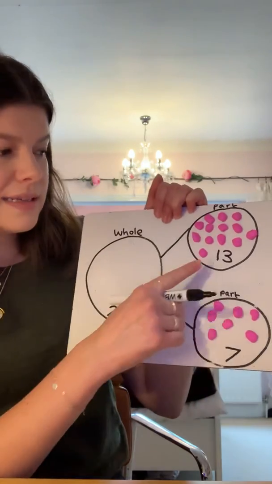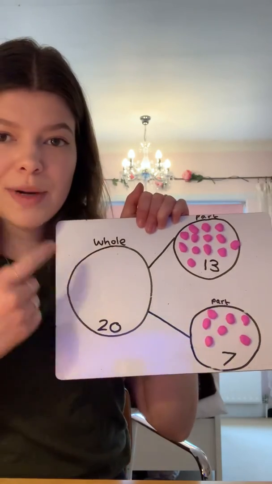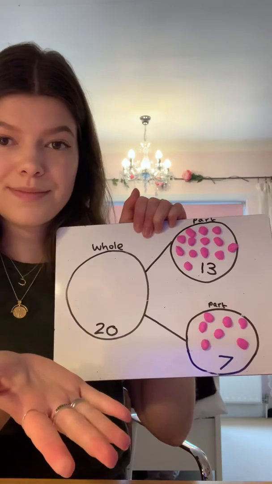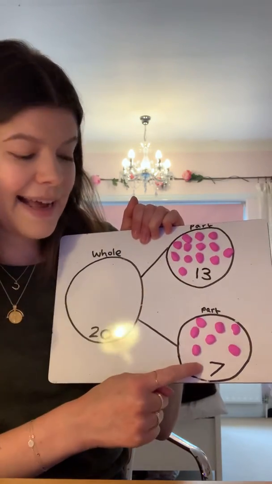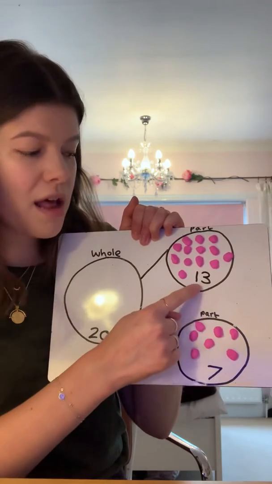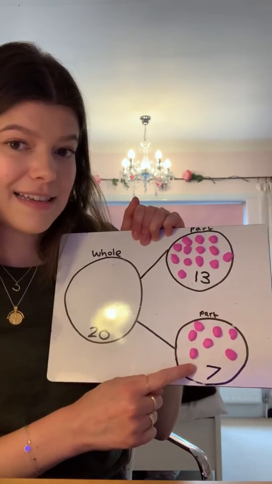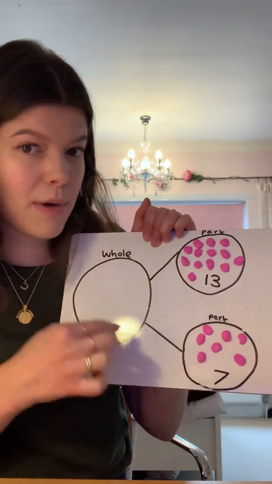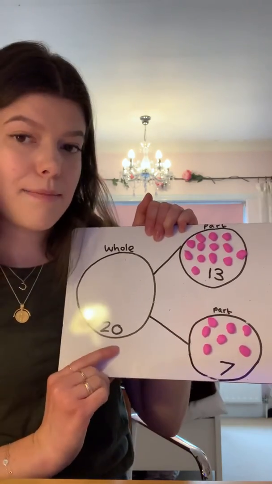Okay. So then I say it out loud. Okay. So I say I started with 20. 20 is the whole. The parts are 13 and 7. Your turn. The parts are and. Now I say it in my full sentence. 13 and 7 make 20.